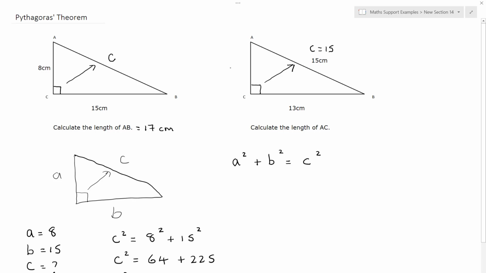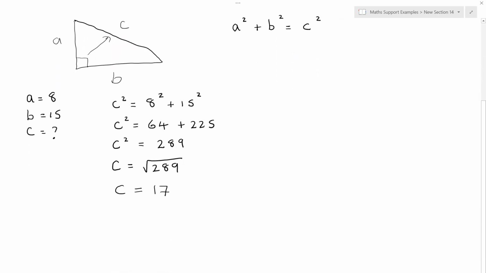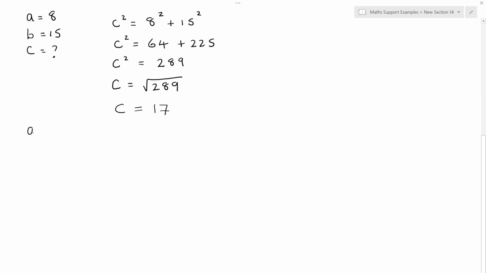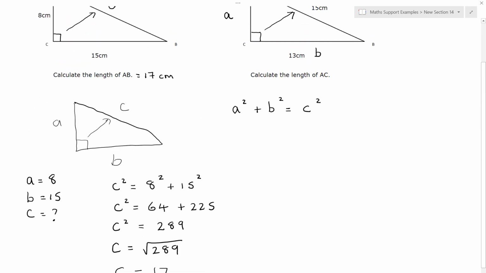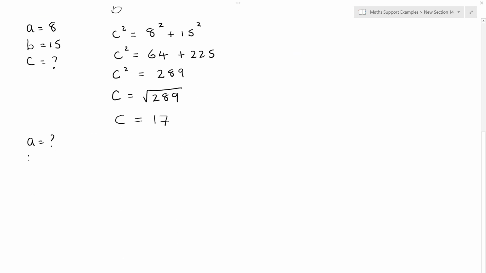Now, it doesn't matter what we label the other two sides, but I will say the side AC is A and the side BC is B. So we can write down that A is our unknown, B was 13, and C was 15.